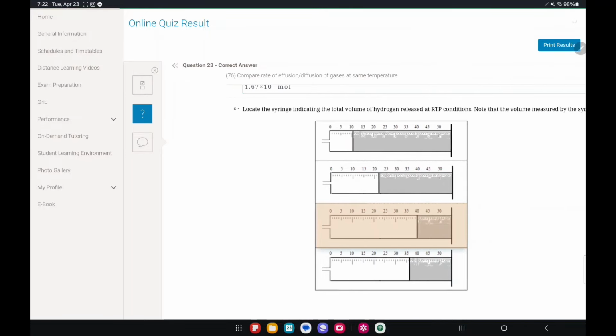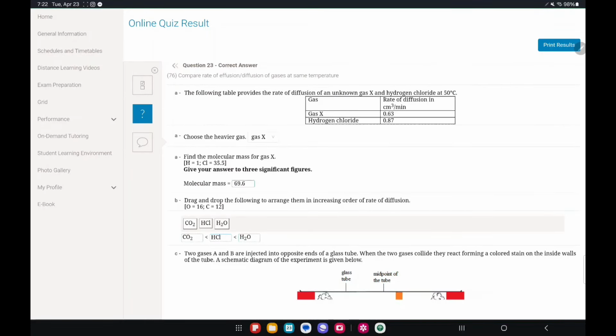Question 23. Choose the heavier gas. Obviously the heavier gas will be the one that has a slower rate, so it will be gas X. Find the molar mass. When you have velocities, you have to use V1 over V2 equals radical M2 over M1.